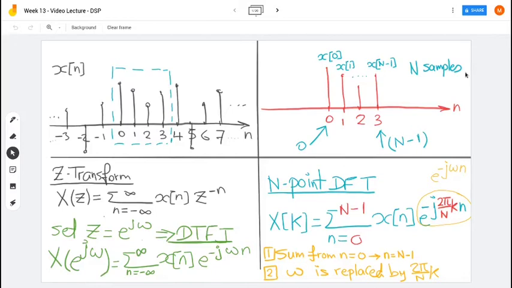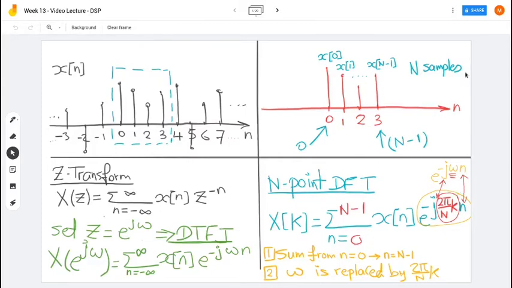Here we have n, which corresponds to this n, and negative j as well. The one difference is that in the discrete time Fourier transform, omega is a continuous variable, whereas in the discrete Fourier transform, omega has been replaced by 2 pi over N k, which is kind of a discrete frequency.